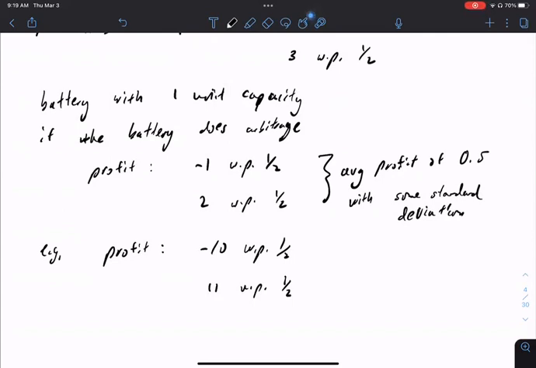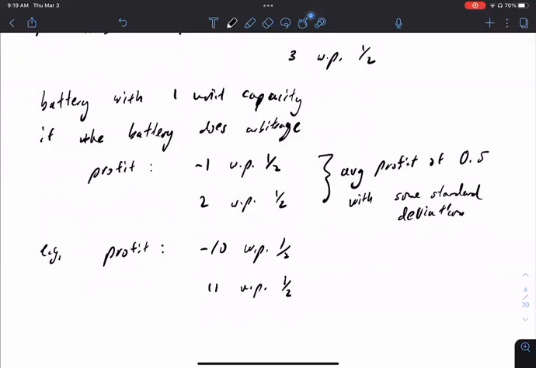Okay, so these two have similar averages, but not a similar standard deviation. So this is a much wider spread. The spread of this is much wider than the spread here. So that's why both the average and standard deviation matter. The statistics really matter, not just the mean.